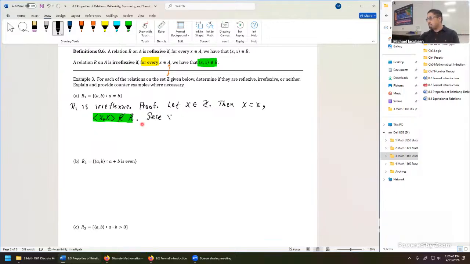Since X is arbitrary, R is irreflexive. And the whole argument ends right at that spot. Well, we're done on that one. Any questions or thoughts, folks, on the irreflexive problem part here?